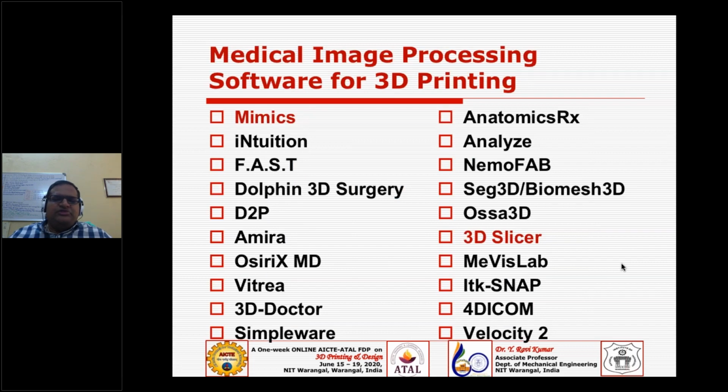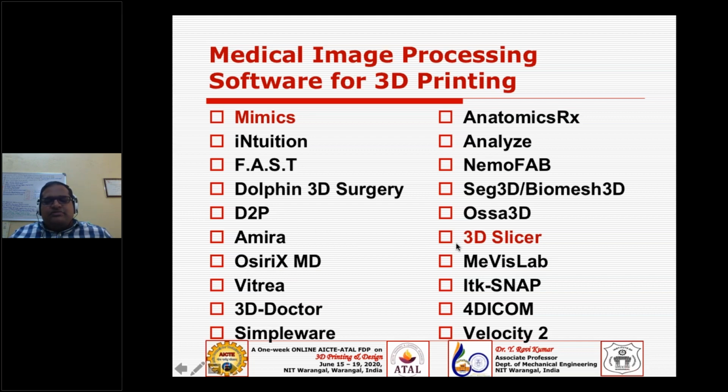To name a few, these are the medical image processing softwares. It's a mix of open source and proprietary. Mimics is proprietary software, and you have InVesalius, Fast, Dolphin 3D Surgery, D2P, Amira, OsiriX MD, Materialise, and 3D Doctor, Simpleware.